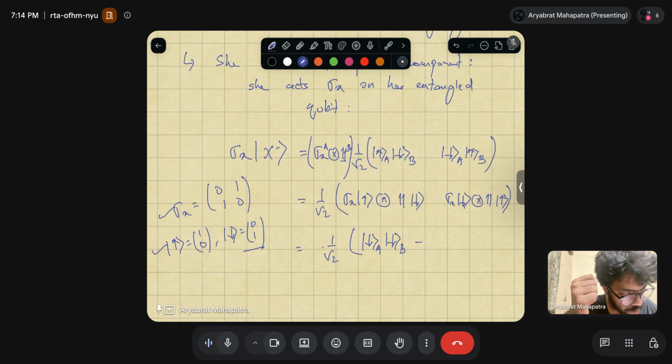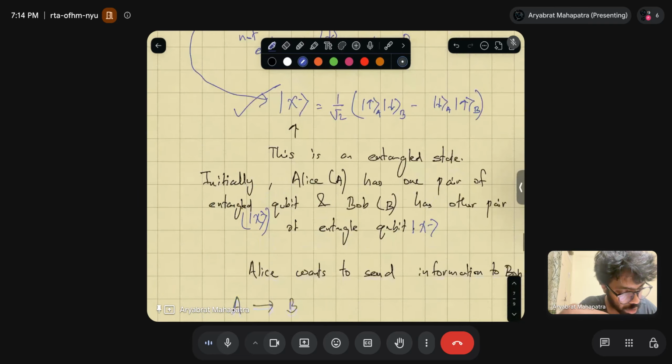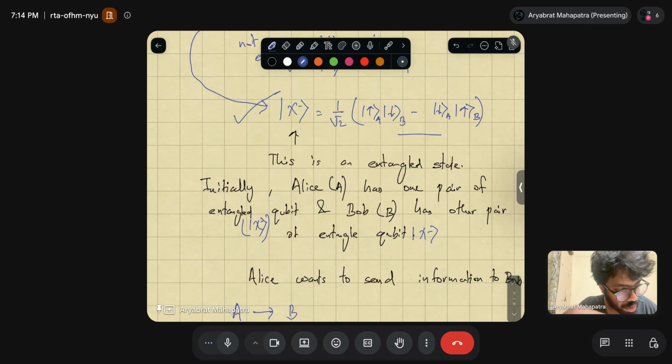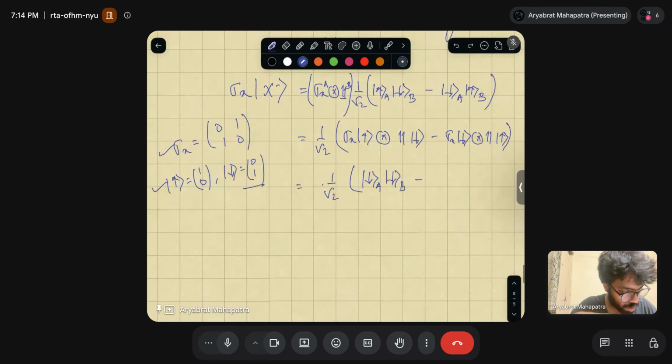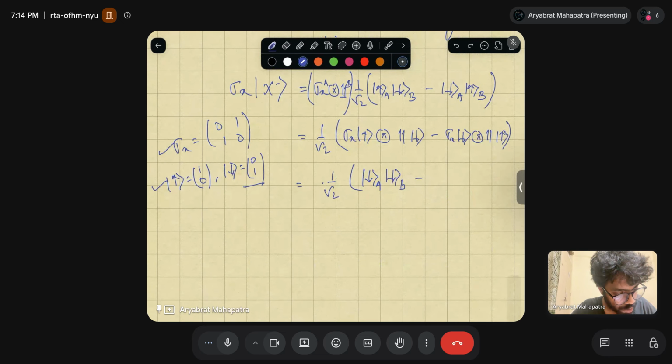The negative sign was there from the initial state itself, because the initial state is chi minus. So if you do sigma x on the down state, it will give you the up state.